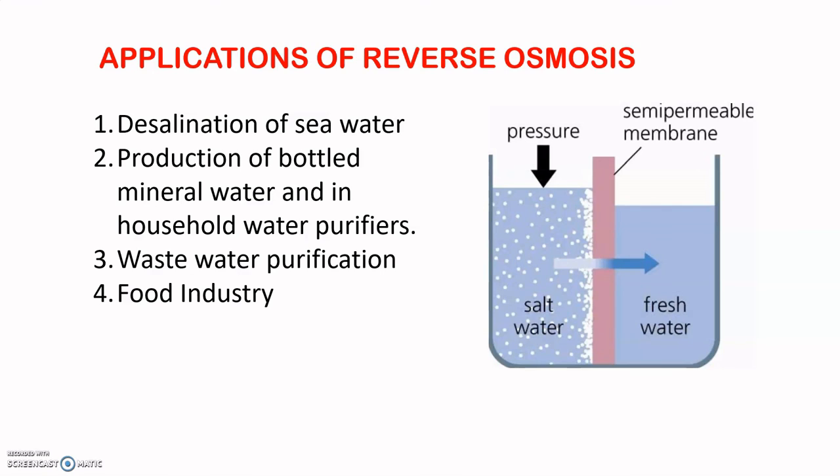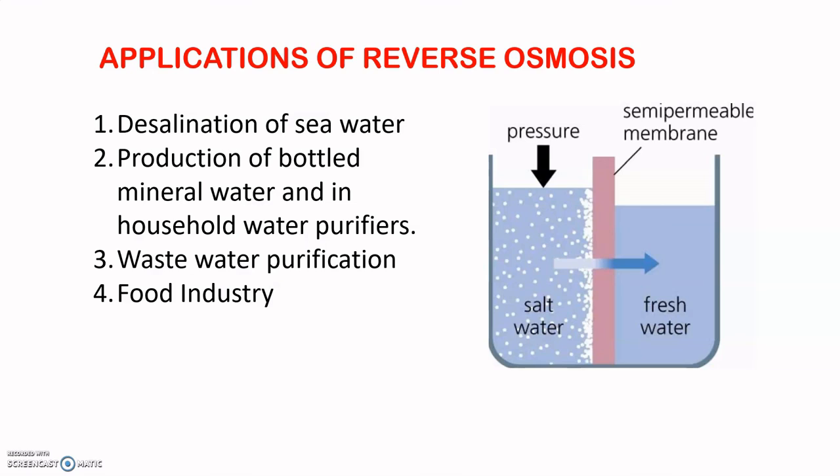And then in the food industry also, reverse osmosis is used, particularly for concentrating liquid foods like milk and fruit juices. And this is easy because you're not applying any heat. Usually, in order to condense liquid food, we apply heat and evaporate the water content.